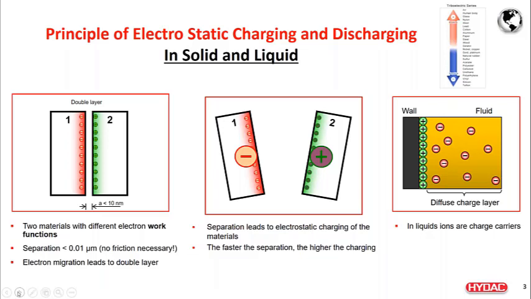It wants to go back to the equilibrium state, but it's not going to happen unless you have the medium in between that is called the dielectric medium. And if that medium's dielectric constant is weaker than the charge that is collected on each of these materials, so if the dielectric medium between element 1 and 2 is weaker, then the charge is going to jump from one to another and tries to go back to the equilibrium state.